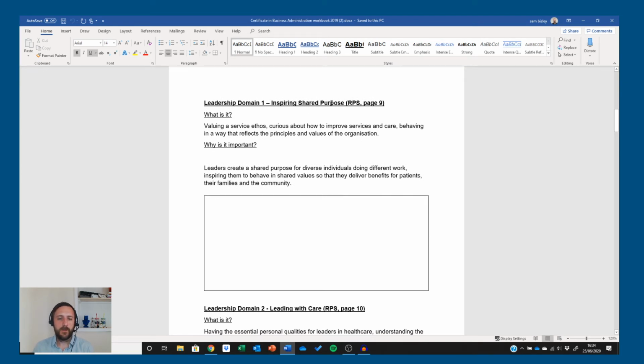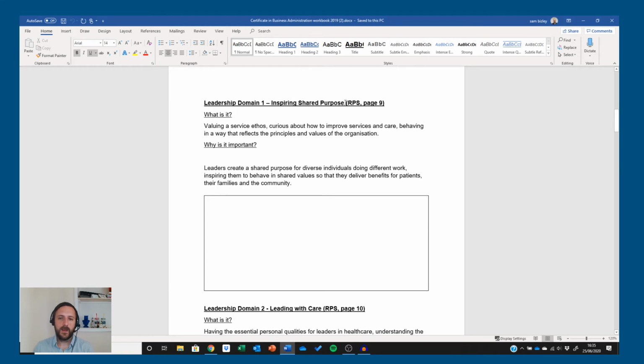So inspiring shared purpose, for instance, is looking at valuing a service ethos. So this is thinking about either a company or, say, the NHS. What are its values in reality in terms of how it runs as a section, business, or however you want to determine it? And looking at how to improve services and care.